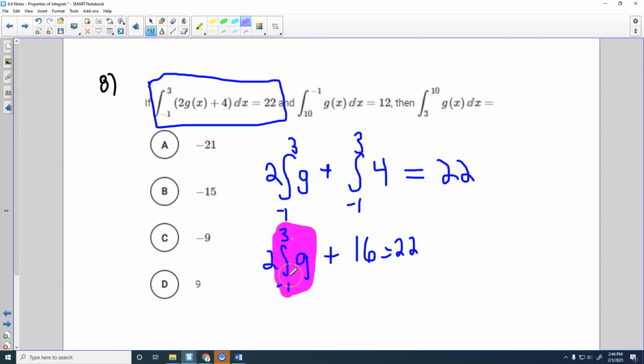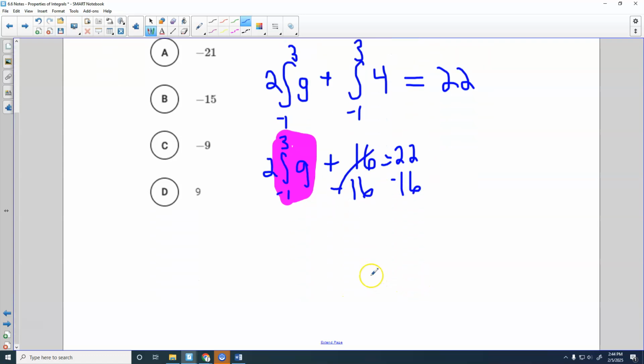So I treat it like it's a variable, and I'm essentially just solving a simple equation here. So I would start off by subtracting that 16 from both sides. And then that would give me that this equals 6. Then what would I need to do? Divide by 2.